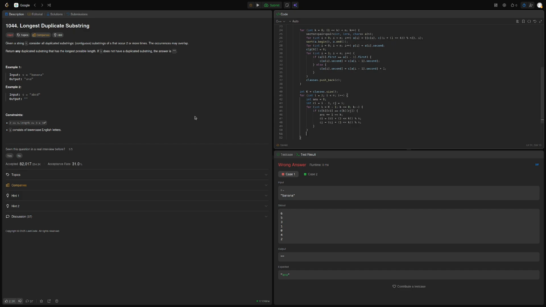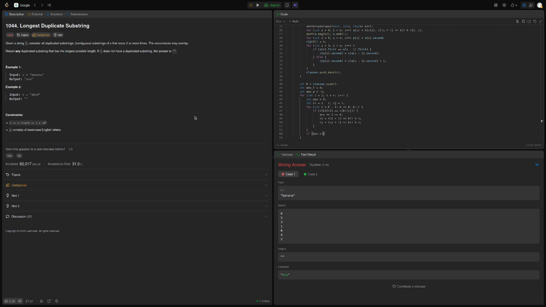And now string ans. If ans, so int ans l is this, and then string ans is this. No, we ans position is -1. So what we want to do is this.